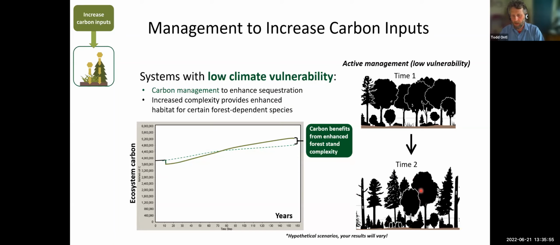And so you're getting a lot more vertical complexity, more diversity in your forests, and development of some of those features like snags and logs, which represent some amount of carbon being stored, but they can be really beneficial for wildlife as well. And so this is sort of that best case scenario from a carbon standpoint where we've enhanced the sequestration, but we've also retained a lot of what was already there.